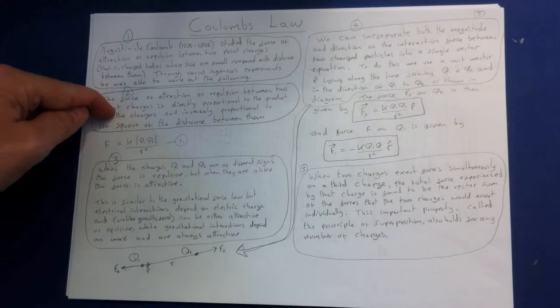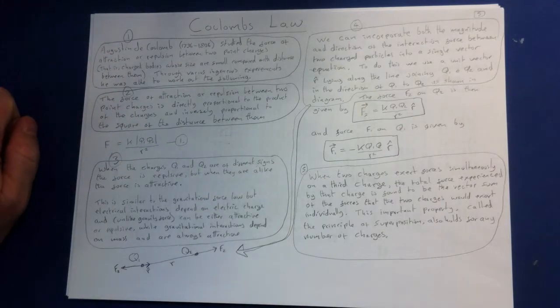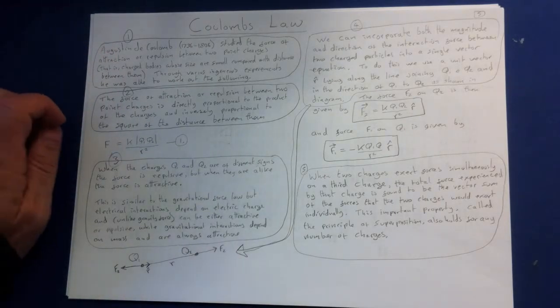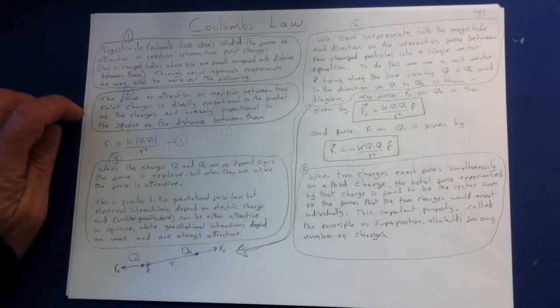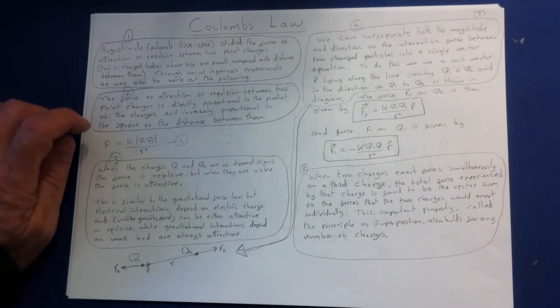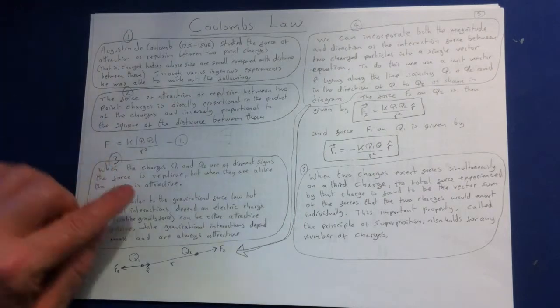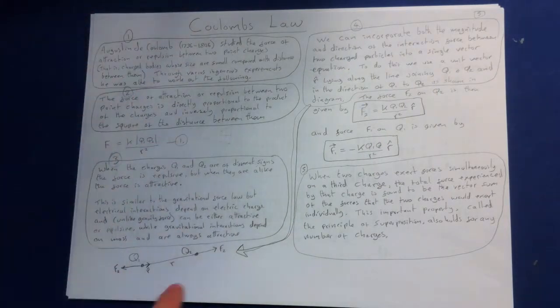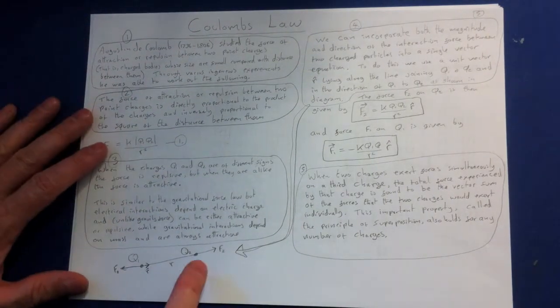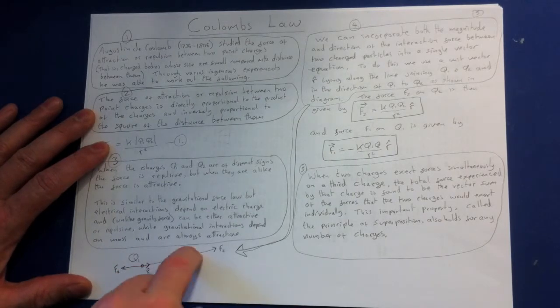So I'm going to read box 2 before I discuss it. The force of attraction or repulsion between 2-point charges is directly proportional to the product of the charges and inversely proportional to the square of the distance between them. So what we're saying here is, if we put two charges here, we can look at these two charges in space.